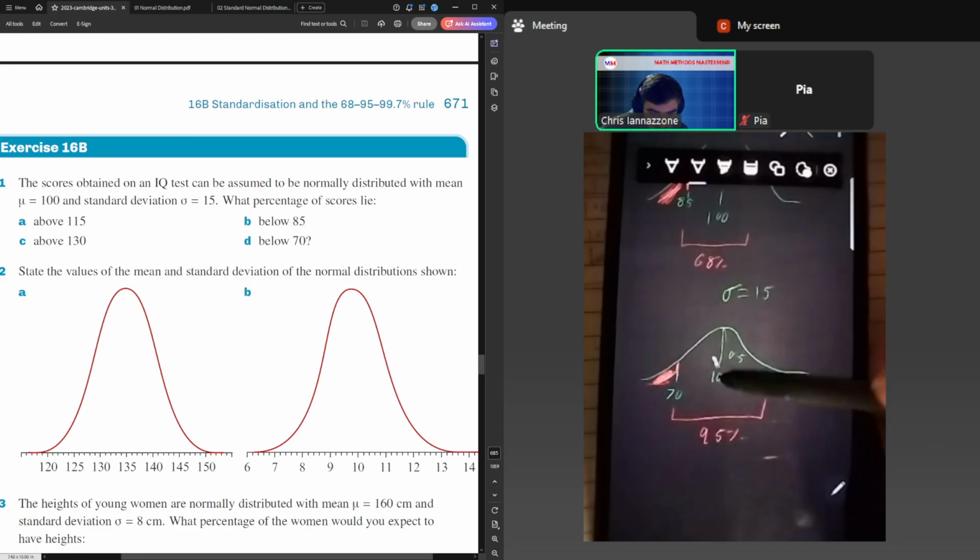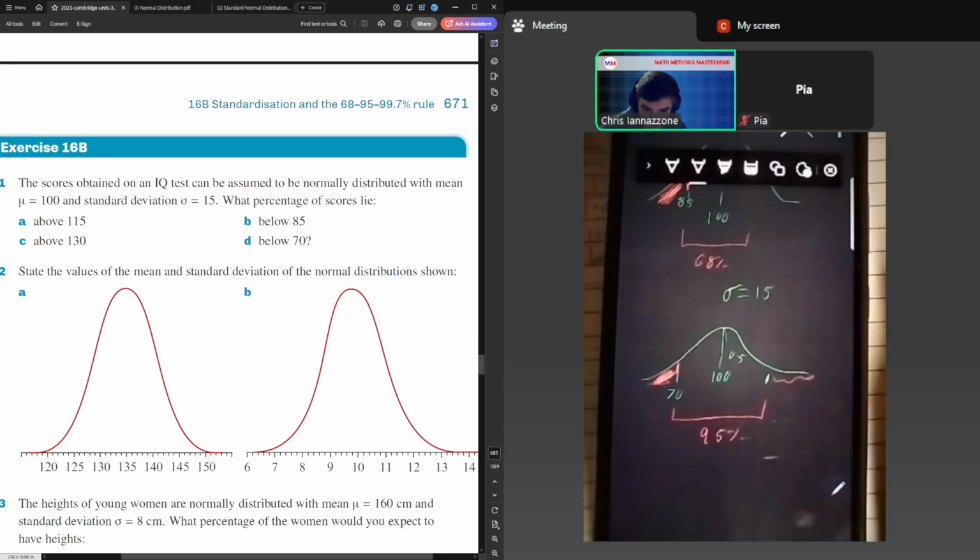You can solve from here if you like, or depending on how you calculate it, you might want to figure out what this point is here, then get this, halve it, whatever you want to do.